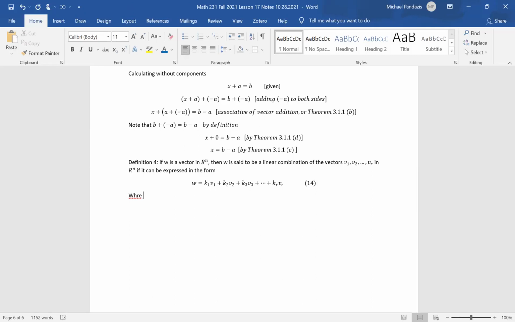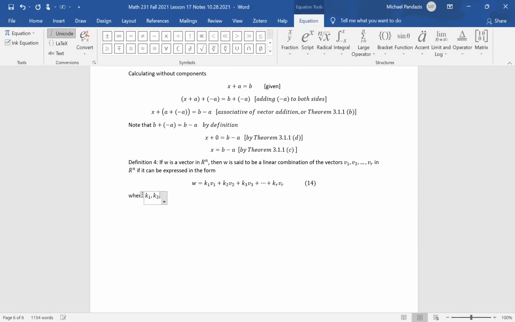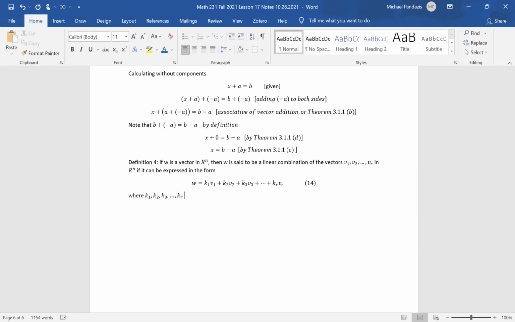Where k1, k2, k3, dot, dot, dot, kr are scalars. These scalars are called coefficients of the linear combination.